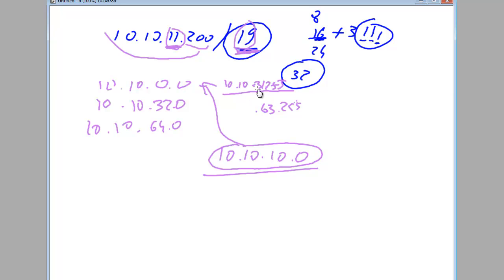Take a look, it is from 10.10.0.0 to 10.10.31.255. So 10.10.10.0 is a valid IP address. So for instance, on a Cisco Microsoft exam, they can ask you, okay, 10.10.10.0/19. Is it a valid IP address? And the answer is yes, it is. But if I used /24, the answer is no, it's a network address.